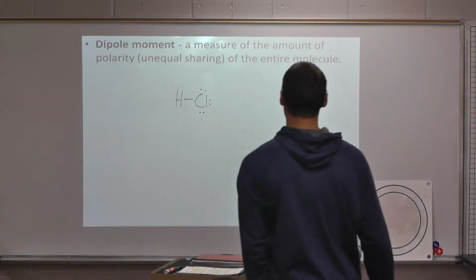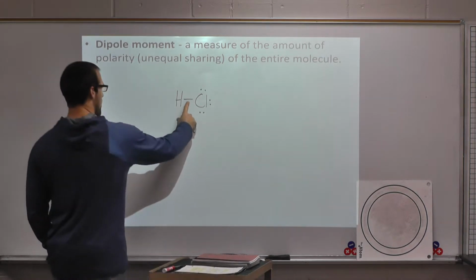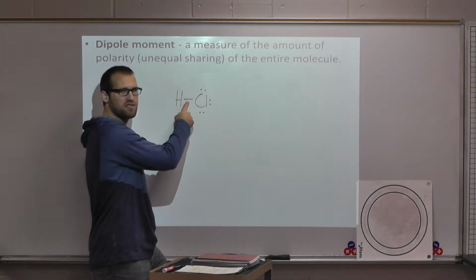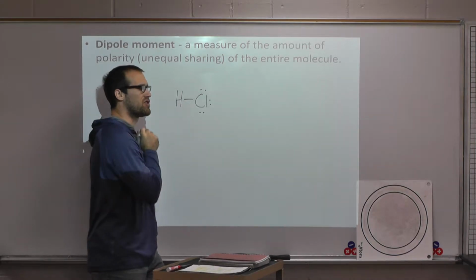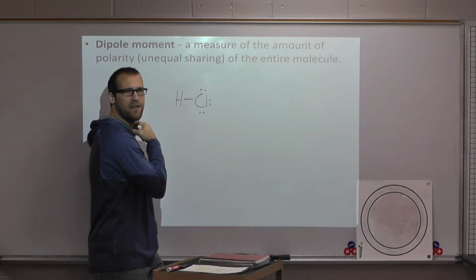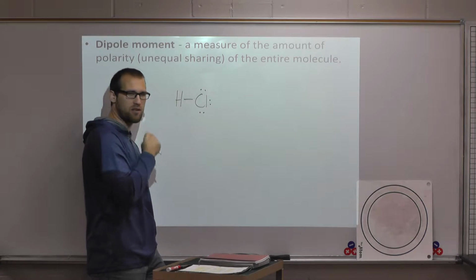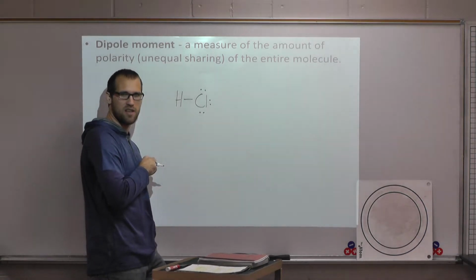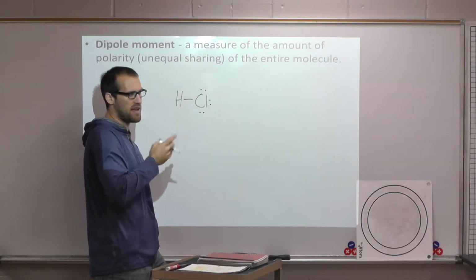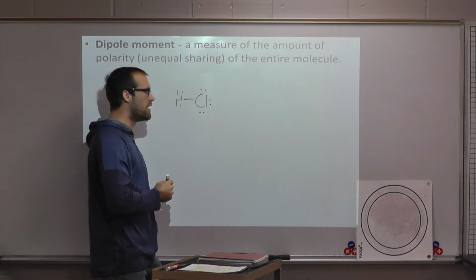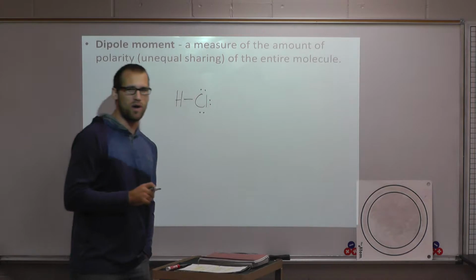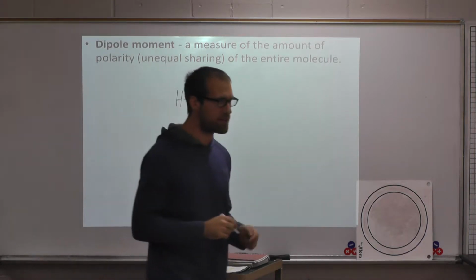Which means that these two shared electrons aren't going to be shared perfectly equally because they're not the same element, and the electrons are going to be pulled more one way than the other. Which way are they pulled more towards? The one that has the greater electronegativity value. With that being said, we can create polarity. What is polarity? Define it for me.